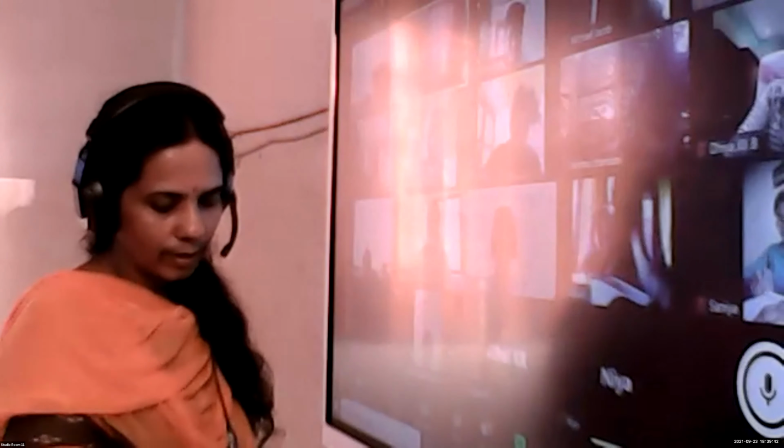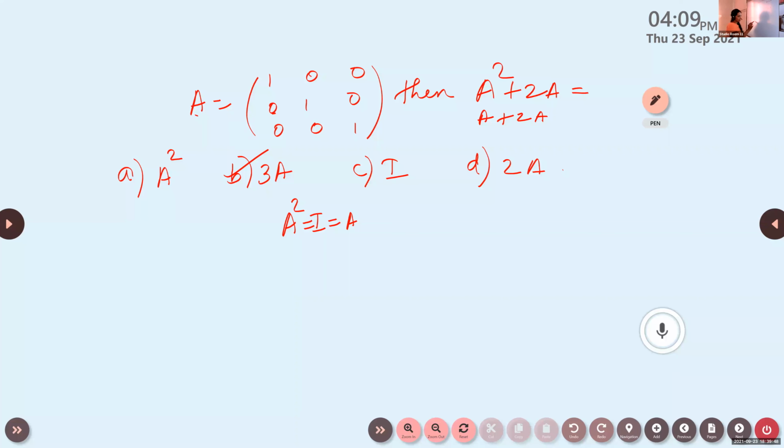Write the next one. A is a square matrix such that A minus 2I into A plus I is 0.